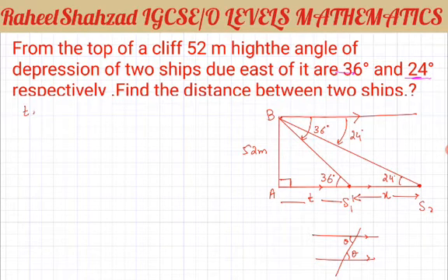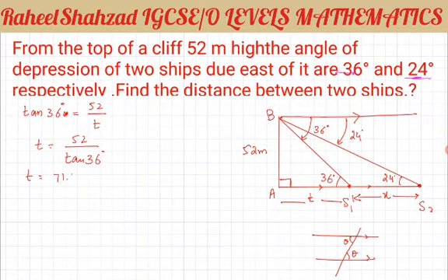Tan of 36 degrees would be equal to 52 opposite over adjacent T. So T would be equal to 52 upon tan of 36 degrees. This becomes T equal to 71.57, so ship 1 is 71.57 apart from this.